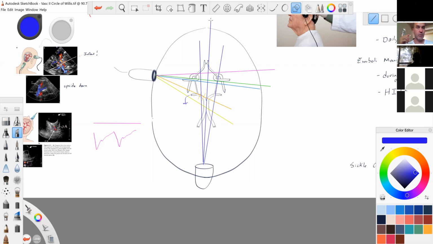Well, there's a loop view, and that's basically as if you're coming in doing the ICA and you're coming up all the way near the ear, except now you have a transducer that could handle being angled up, and you're following the ICA. You could actually follow the ICA all the way up into the brain as it travels through the skull.